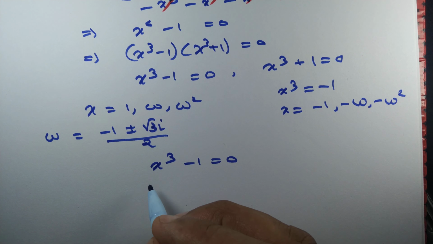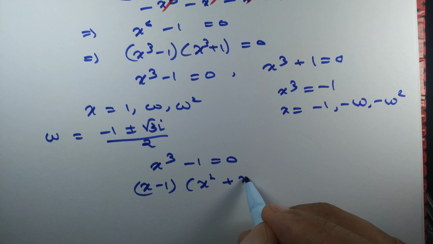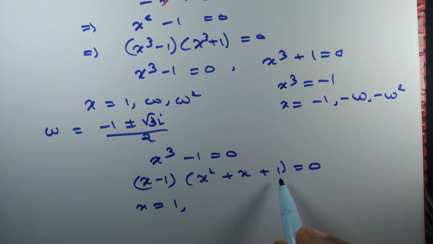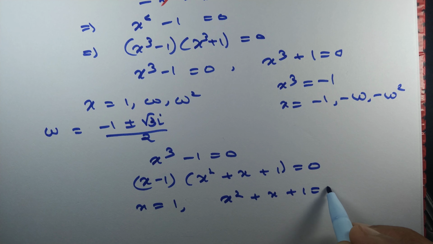Then we factorize it. x minus 1 into x square plus x plus 1 equal to 0. That gives us x equal to 1. This is a quadratic equation, x square plus x plus 1 equal to 0.